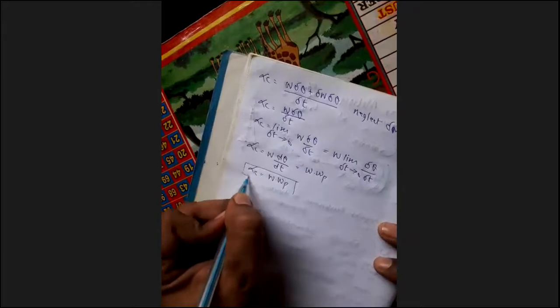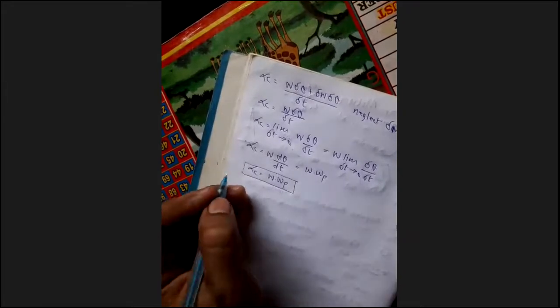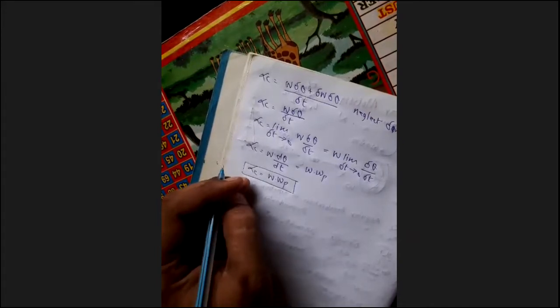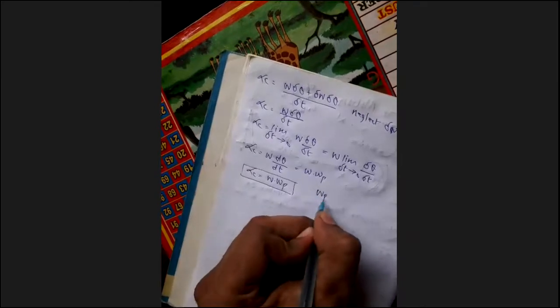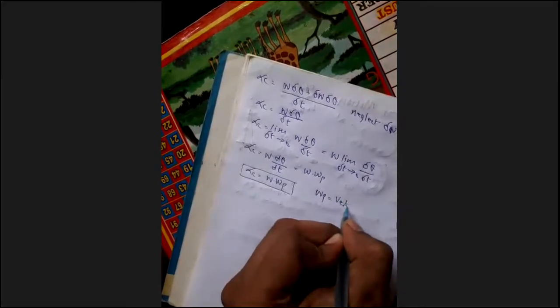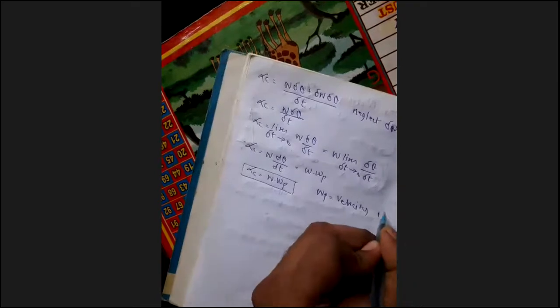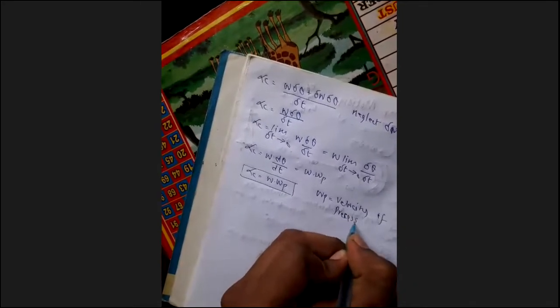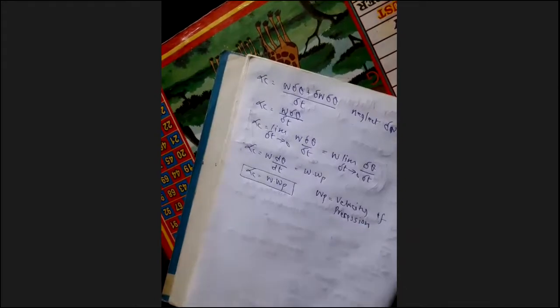This is the formula of angular acceleration perpendicular to OX. Omega p is called the velocity of precession.